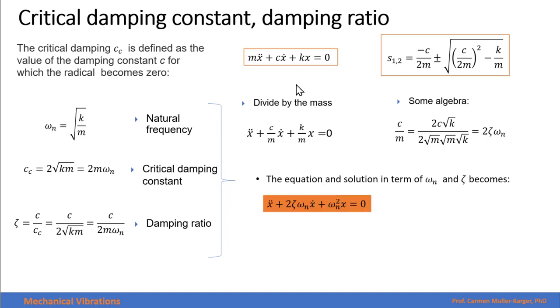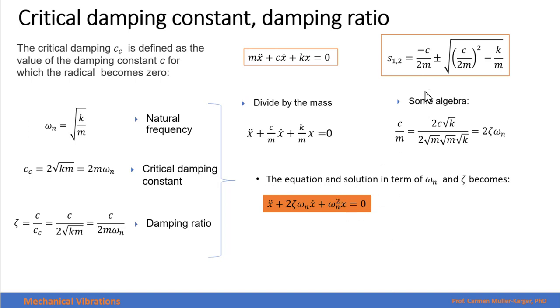And I can write my same equation of motion in this form, where this is the acceleration, 2 zeta omega n times the velocity, plus omega n squared times the displacement equals 0.